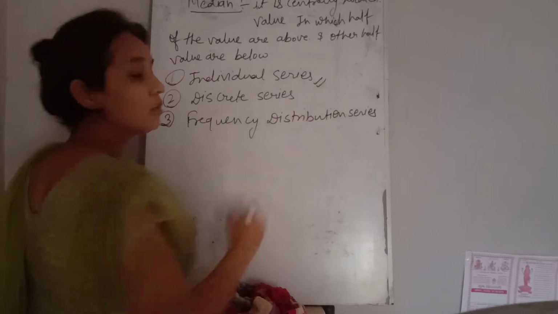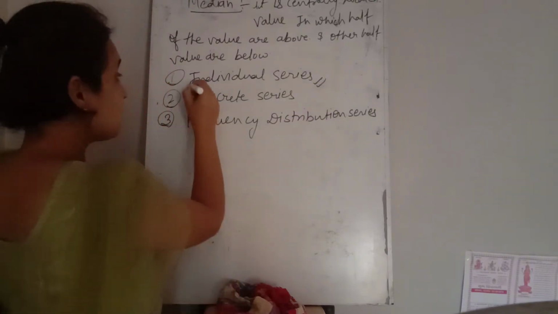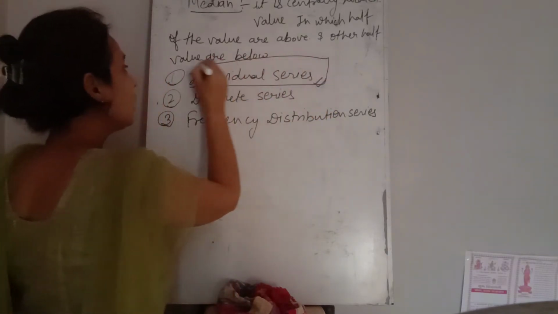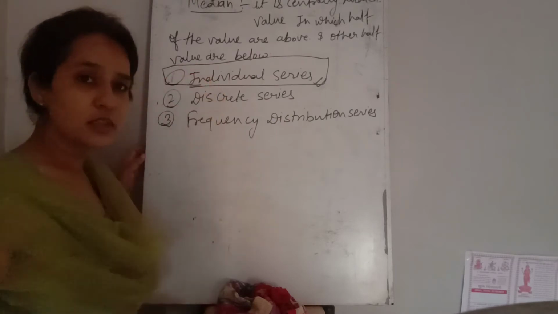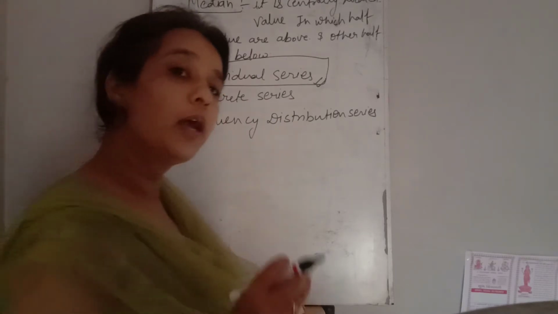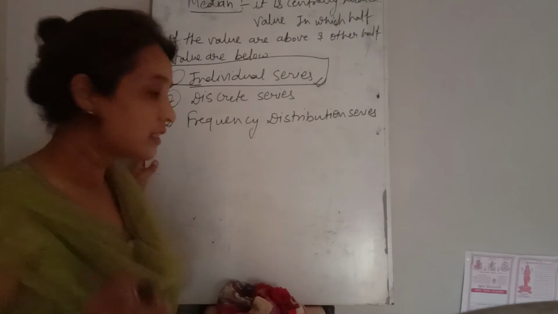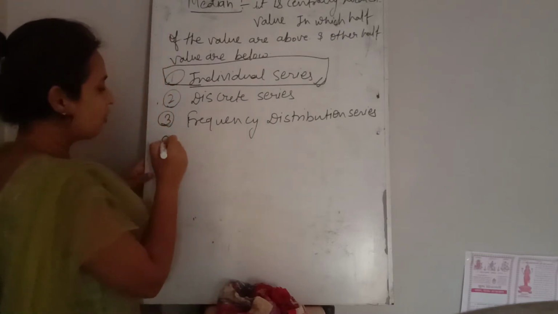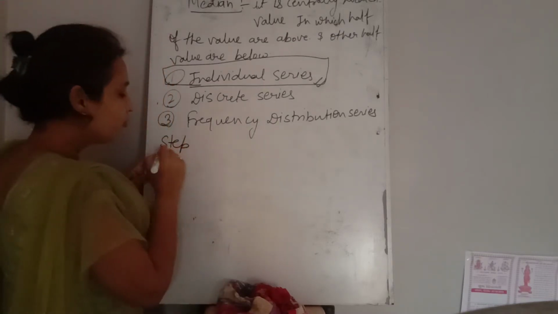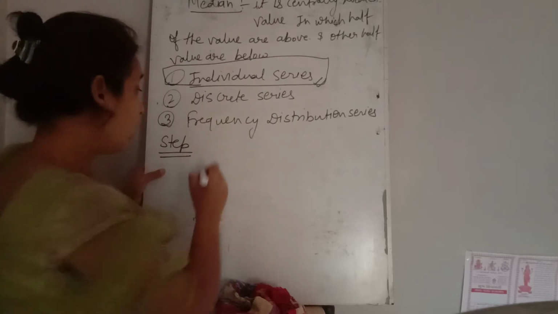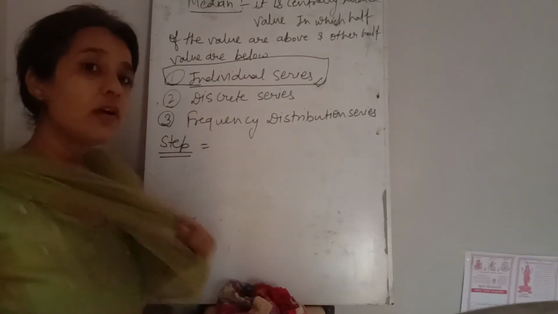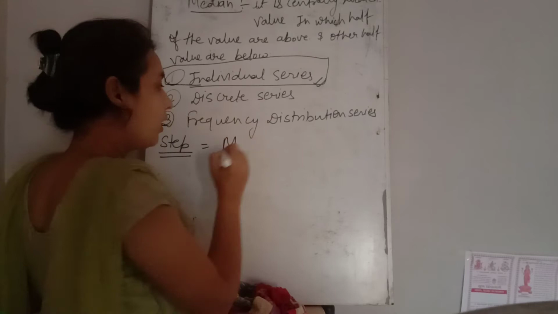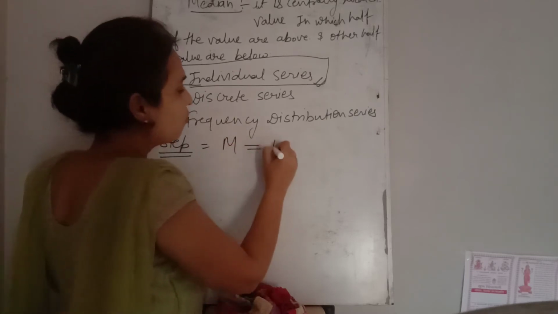Today we are going to discuss individual series, how to calculate median in individual series. For that, first of all we have to apply a few formulas. Now the steps. First, M. M is denoted for median.